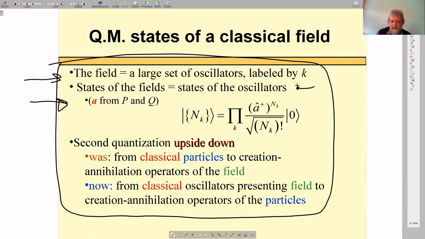We did it going from classical particles to the fields. And there the most important step was to make the field an operator. Now we got from classical oscillators representing the field to creation and annihilation operators of the particles.